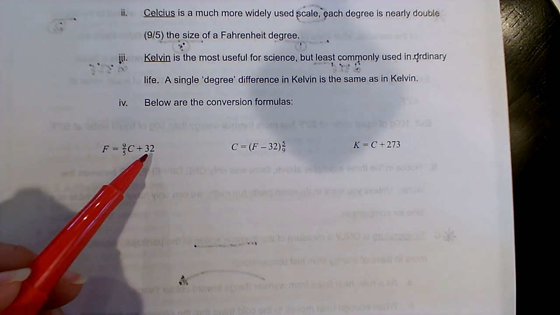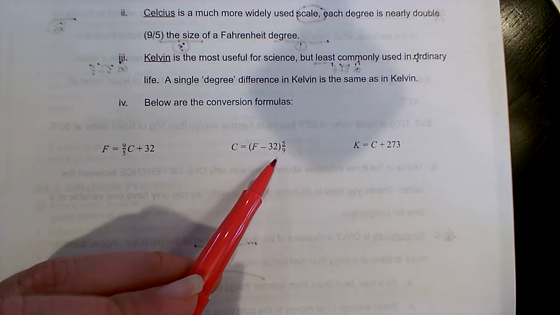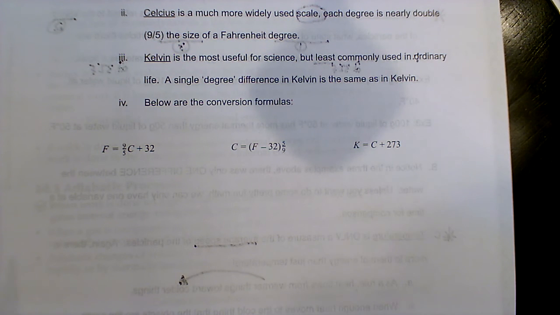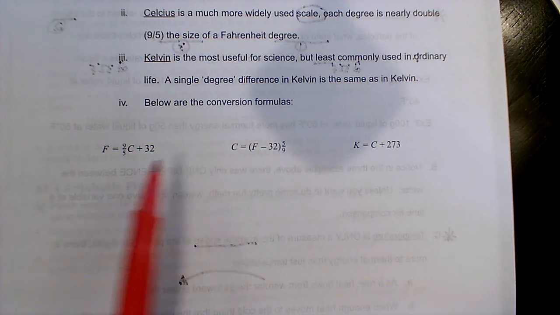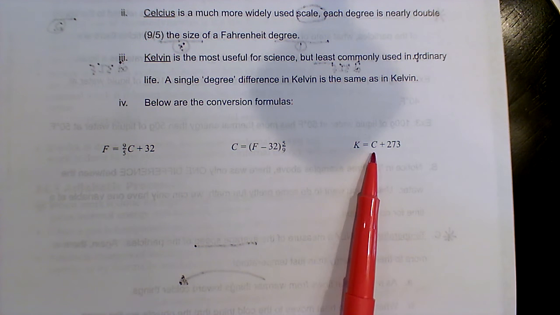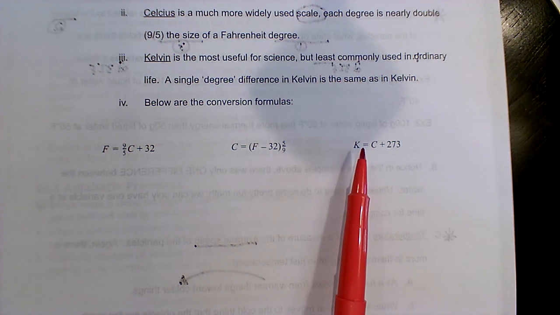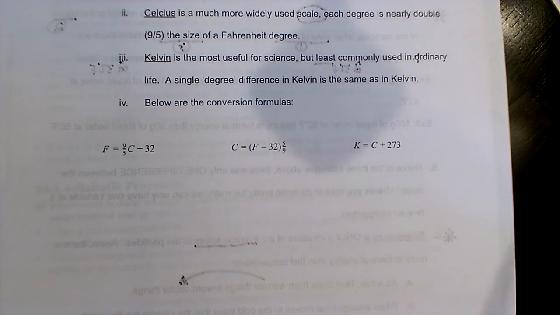And then we also have to either add 32 or subtract 32 to get back to the same baseline. The freezing temperature of water is 32 in Fahrenheit and 0 in Celsius. So we have to cancel out that difference and also factor in the difference in the size of each degree. And then for these two, conveniently, each degree is the same size, so we don't have to do anything too fancy, just add 273 to whatever.